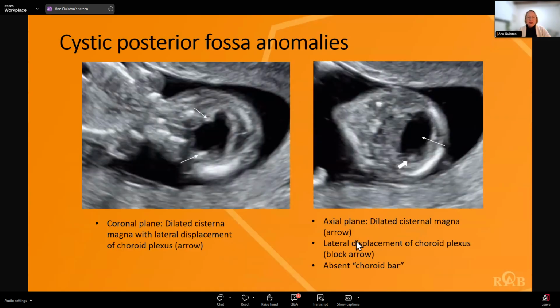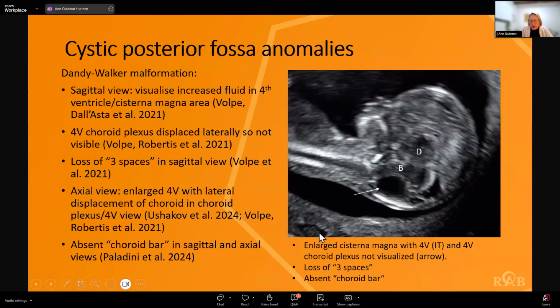Looking for elevation of the tentorium, to do that, really in this view, it's quite difficult to see that tentorium region.